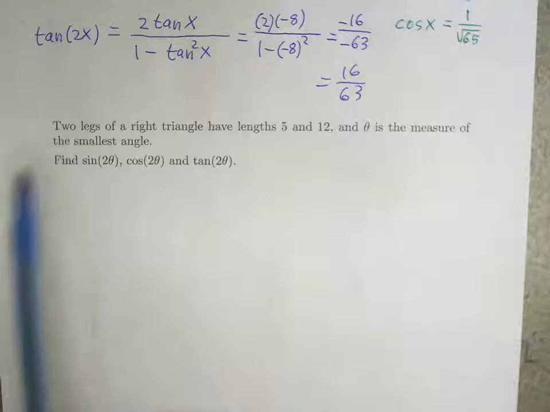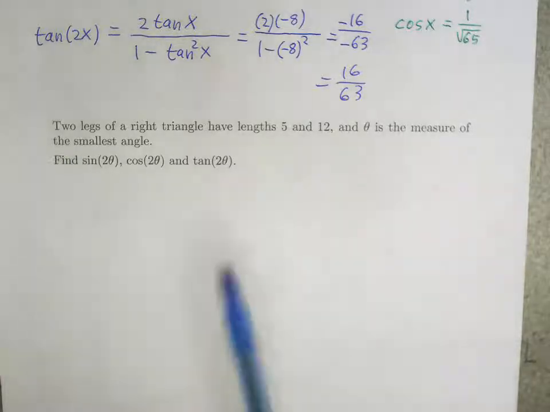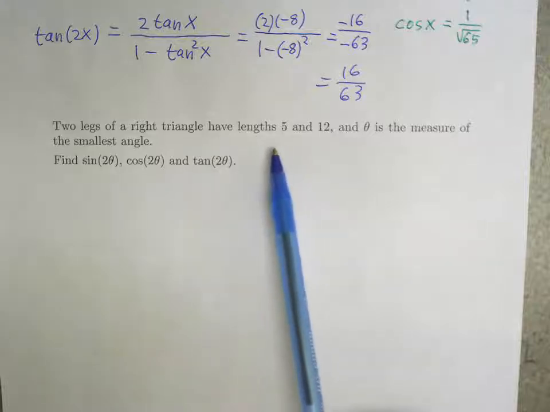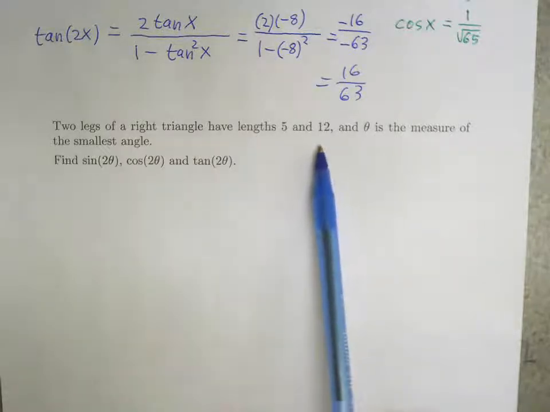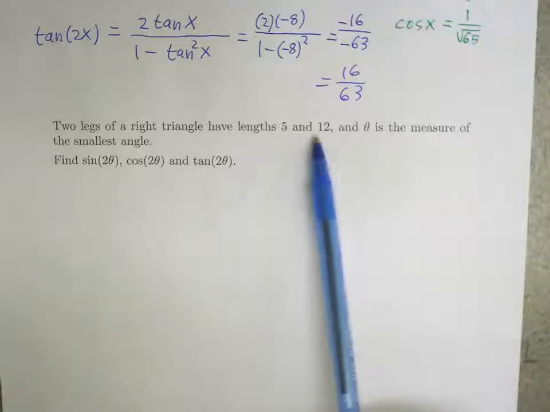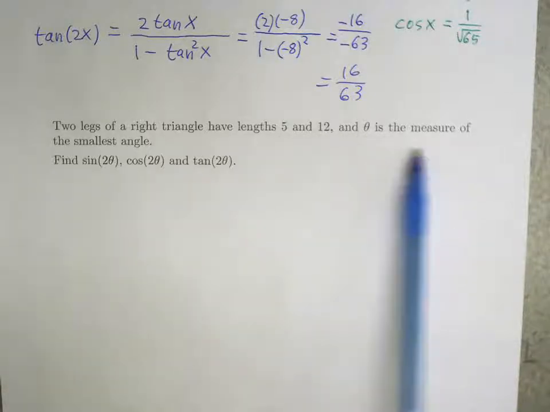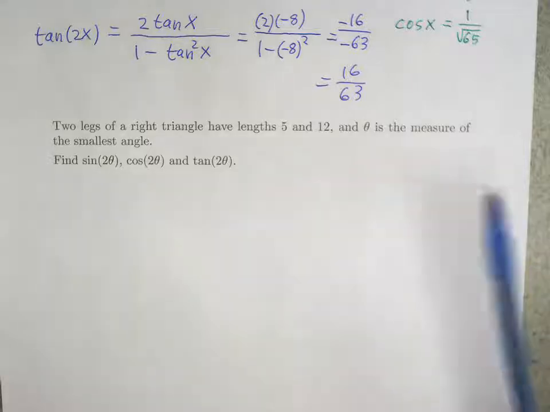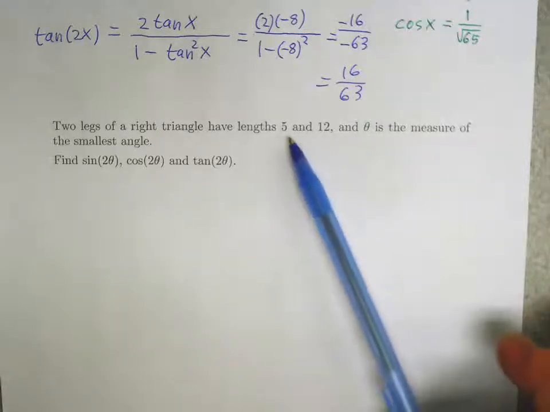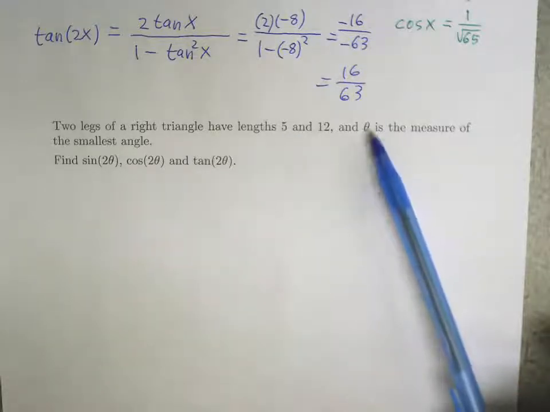So the 2 legs are the 2 shortest sides. We know that the hypotenuse is longer than each of the 2 legs. And so the lengths of the 2 legs are 5 and 12, and theta is the measure of the smallest angle. So that means that the side whose length is 5 is the side opposite of theta, the smallest angle.